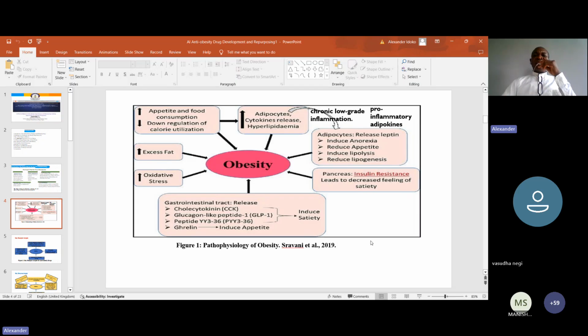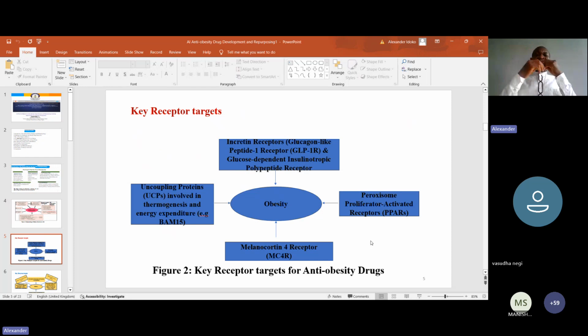In this case, the pancreas becomes affected, insulin resistance develops, and it results in decreased feeling of satiety. The individual keeps on eating, and the process continues, leading to the accumulation of more fat.